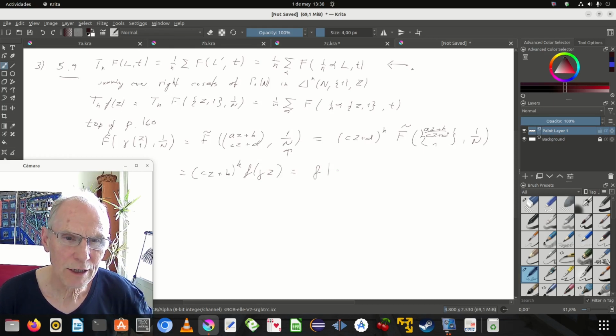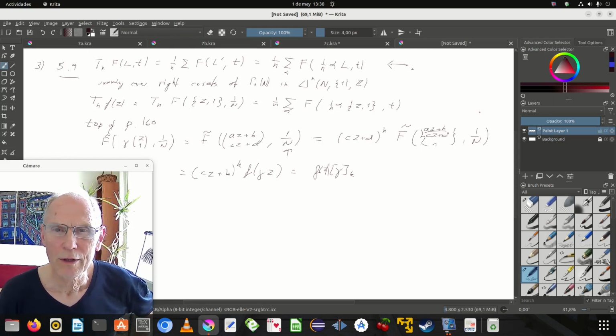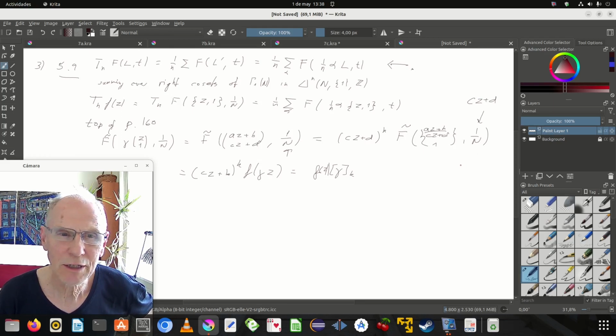And that's just f of z gamma k. There is a little question we have here, because it's cz plus d. We get up, oh, it should be divided by cz plus d.